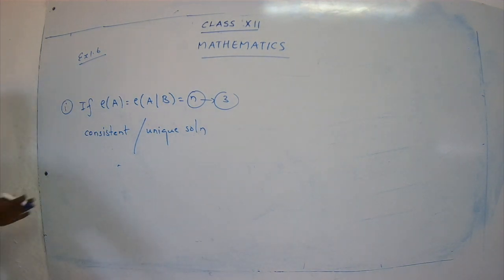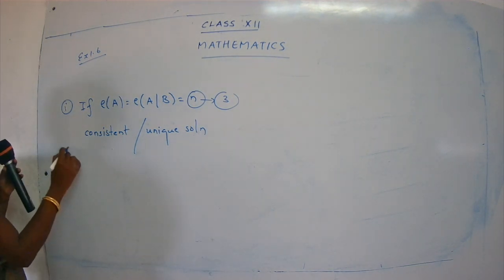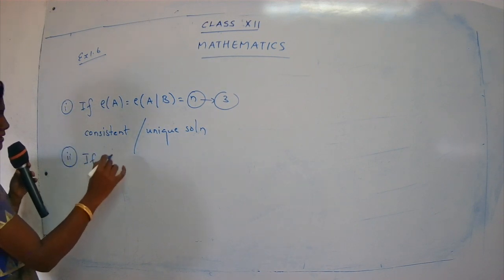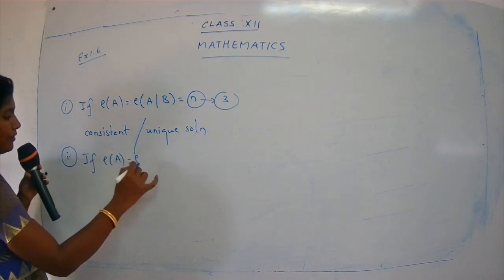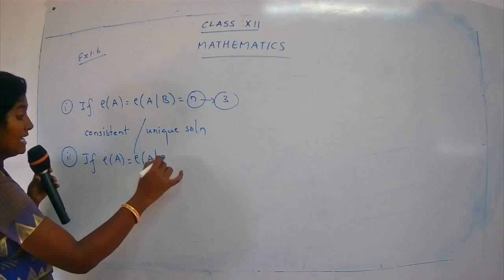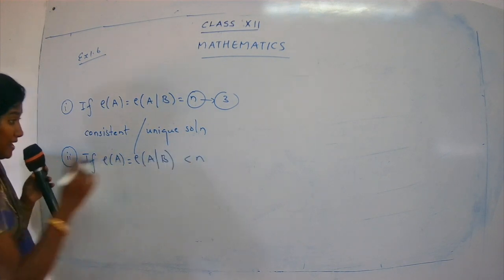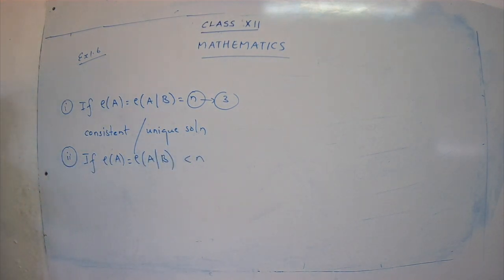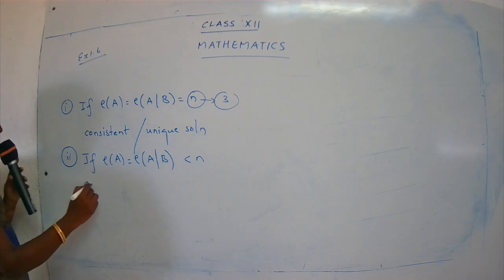What does the second rule say? If rank of A is equal to rank of AB is less than n, we say the system is consistent. What about the system?